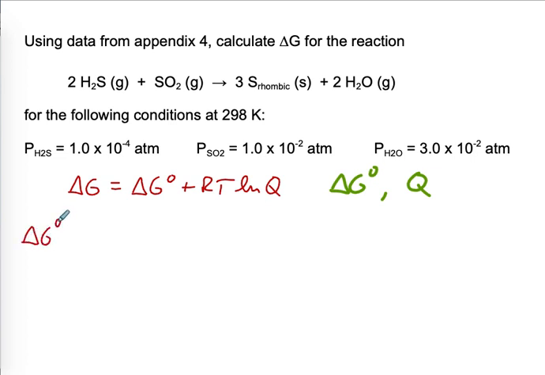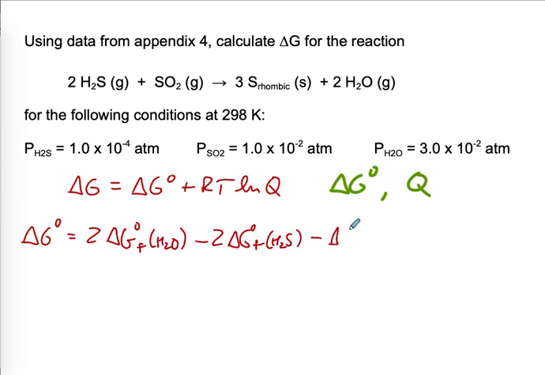So delta G naught is equal to 2 times the standard free energy of formation of water vapor, minus 2 times the standard free energy of formation of hydrogen sulfide, minus the standard free energy of formation of sulfur dioxide.